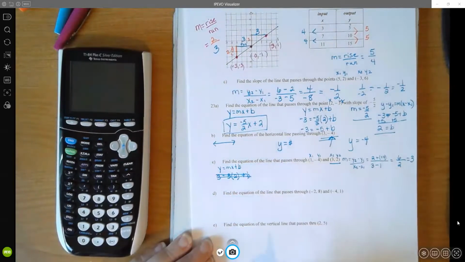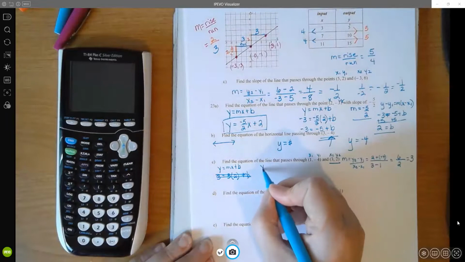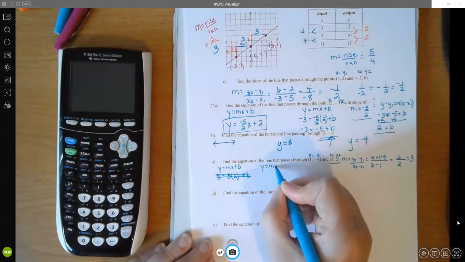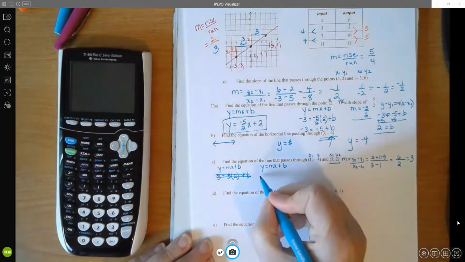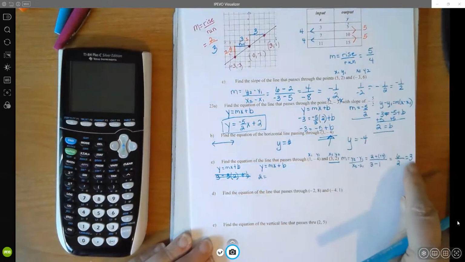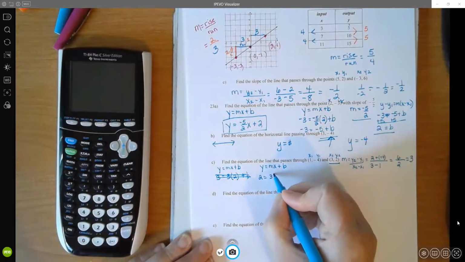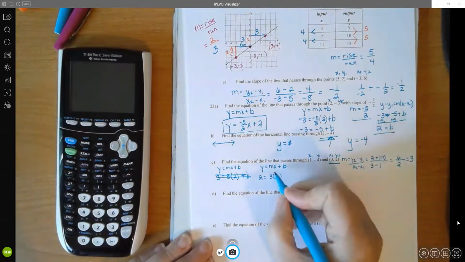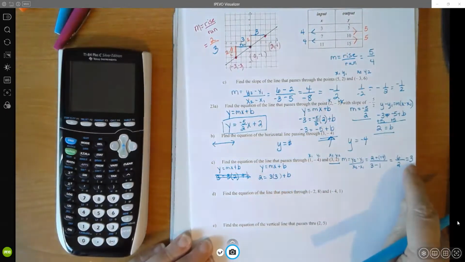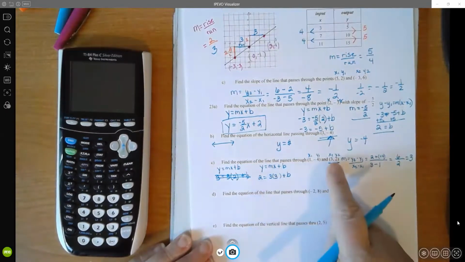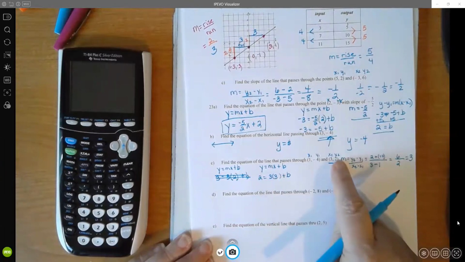I thought I was doing it wrong, so that's why I double checked it. Notice that if you double check as you go, you don't get to the end of the problem. My y is 2, my slope is 3, and my x is 3 plus b. Now again, I'm going to check that. My slope is 3, my x is 3, my y is 2.